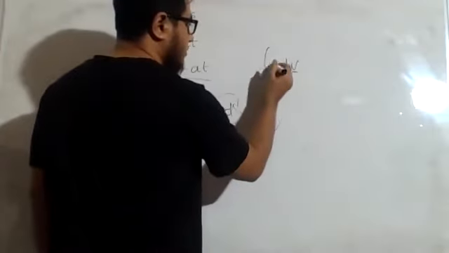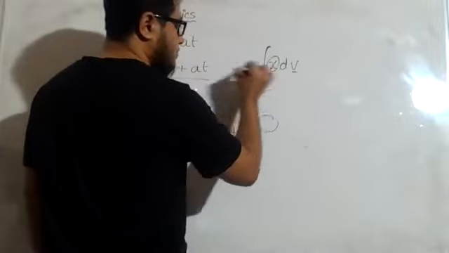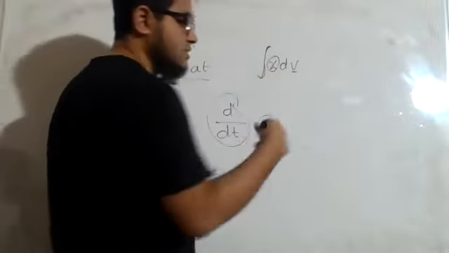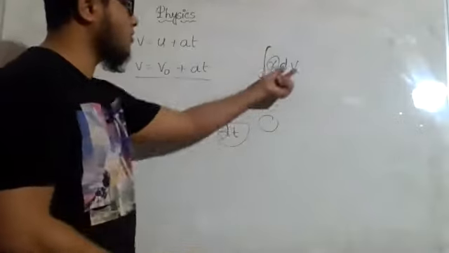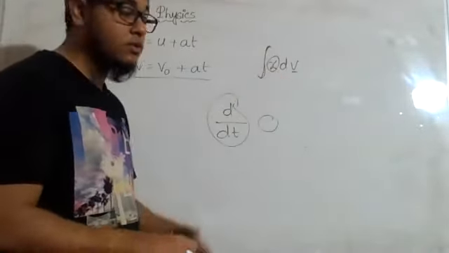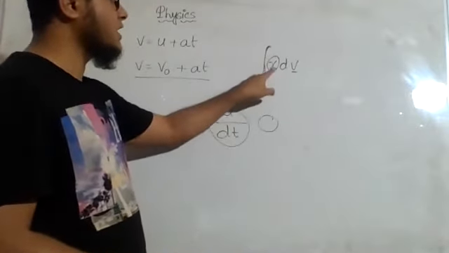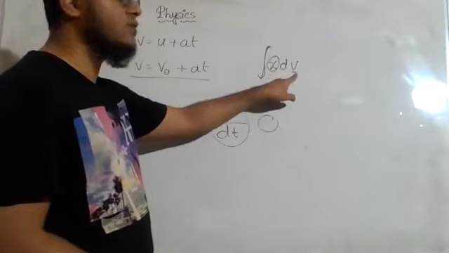Now let us say we have x here. This snake shaped thing and dv, this is the integration operator, and after the operator, in between, we write whatever we want to differentiate or integrate. So here we are integrating x with respect to v.